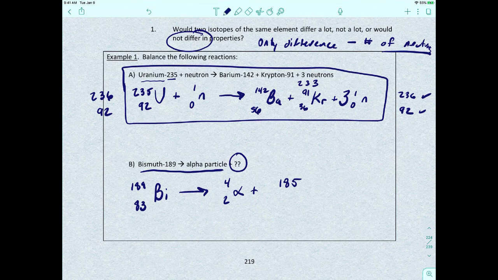For the atomic number, we take 83 minus 2, so the atomic number should be 81. According to the periodic table, the species that has the atomic number 81 is Tl. And there it is, this would be your missing species. And that's how we write a balanced nuclear equation.